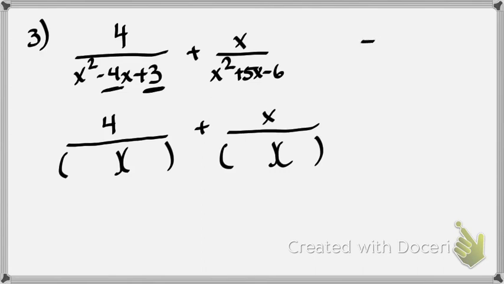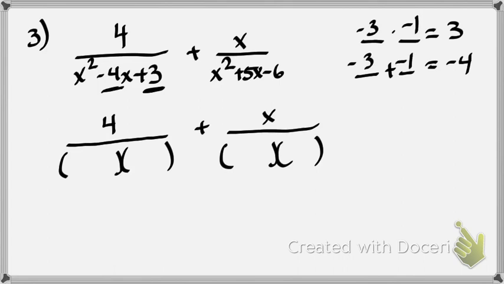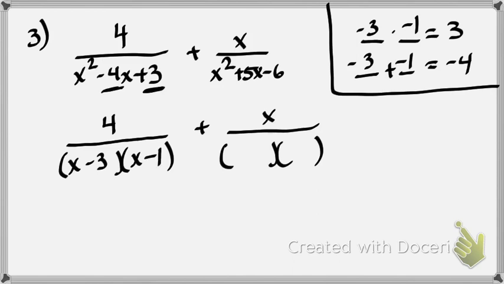What we've done up to the side here is kind of done something like this. Multiplies to 3, adds up to negative 4. And in that case, it's going to be a negative 3 and a negative 1. That satisfy both of those little equations, those side equations we got here. So it'd be x minus 3 and x minus 1.